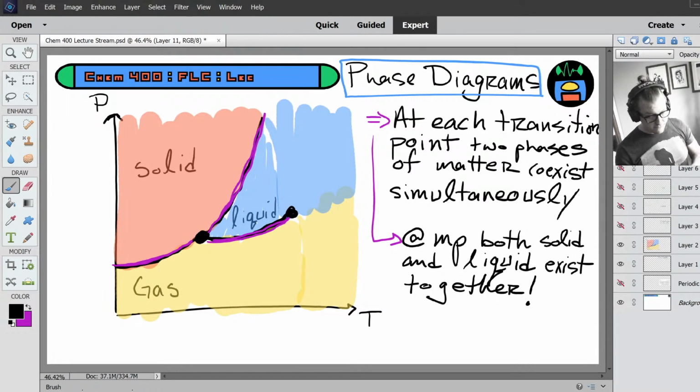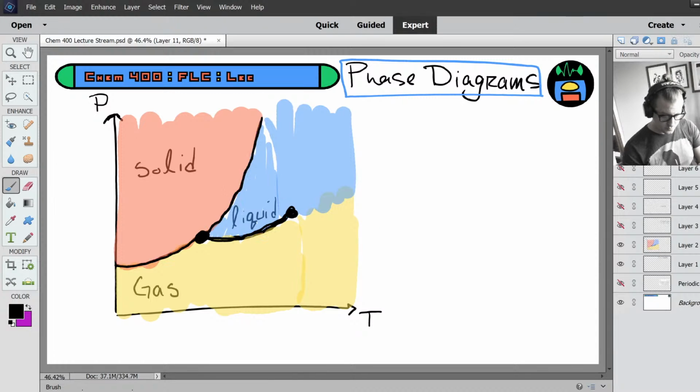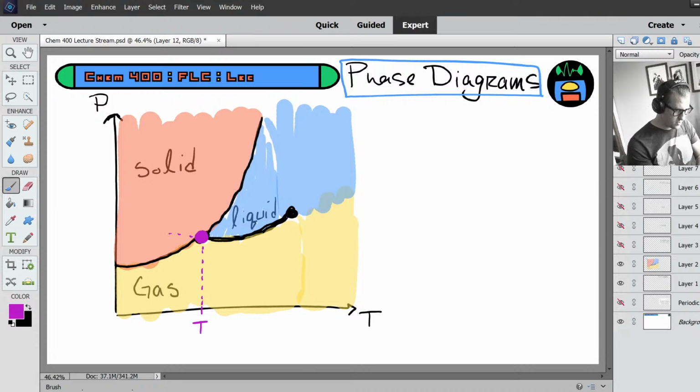Now, there is one very special place on the phase diagram where all three meet, and this is called the triple point. Right here, and you can find the temperature and the pressure of the triple point.